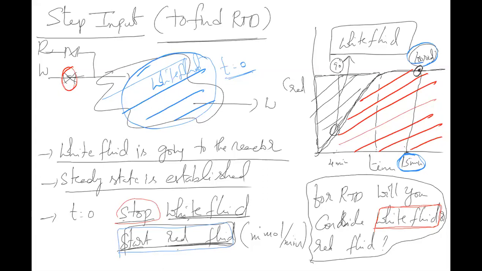Whereas at 4 minutes, if you see 90 white particles have come out, that means you are 100% sure that these 90 particles have spent 4 minutes inside the reactor. So that is why we take the white fluid into account, not the red fluid.